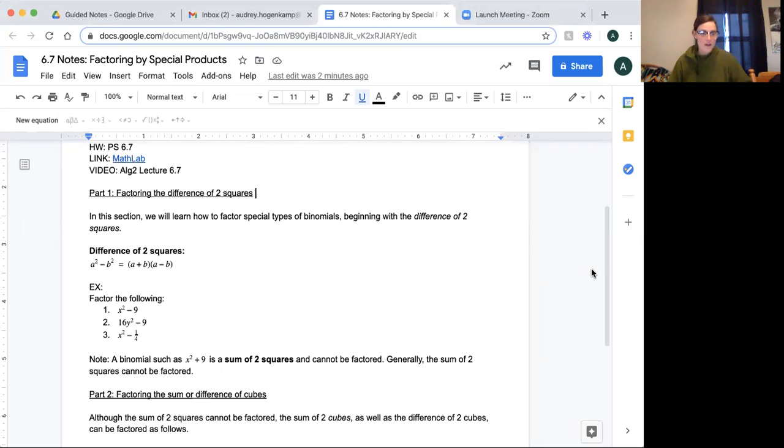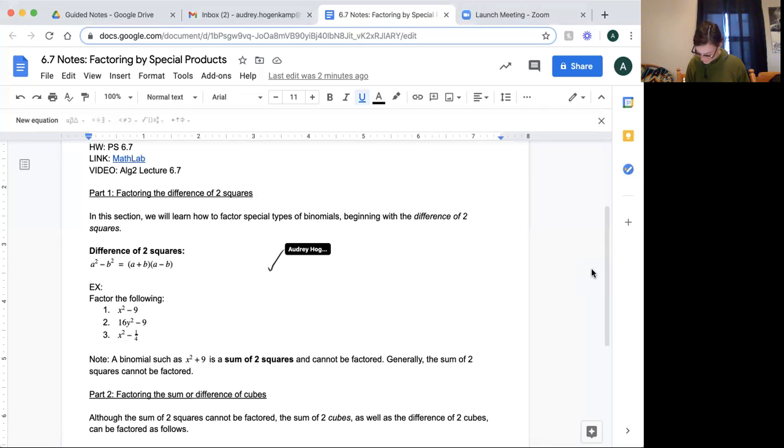So, for example, factor the following: x squared minus 9. We want to write it in a way that looks like our difference of two squares formula, a squared minus b squared. So we think to ourselves, okay, the square root of 9 is 3.